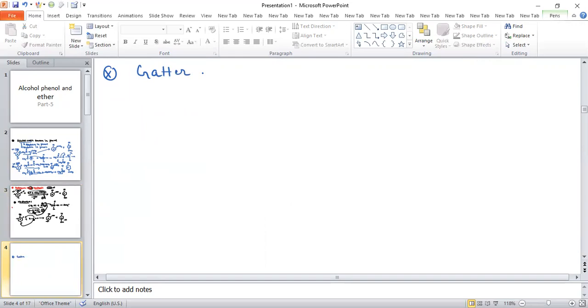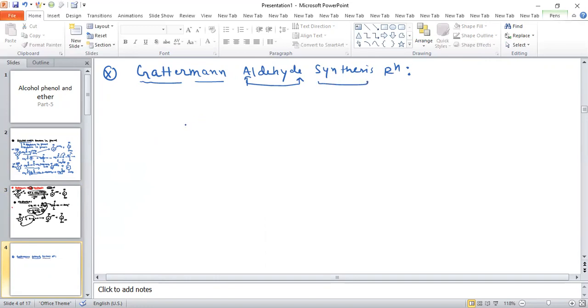This reaction is also used for the preparation of aldehydes. Therefore, we call this the Gattermann aldehyde synthesis reaction.